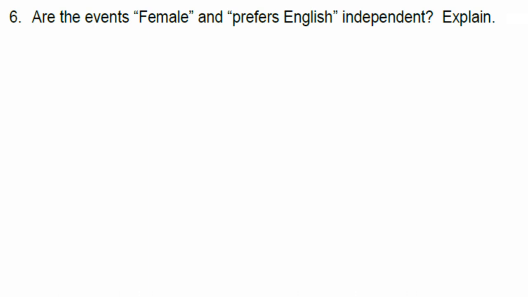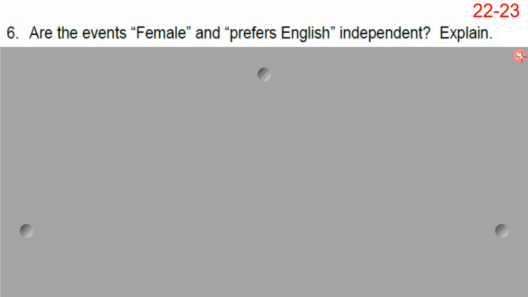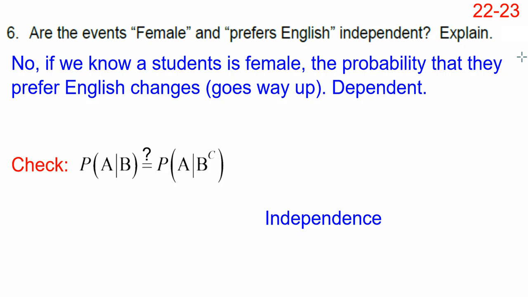We also can look at just those that prefer English in general compared to that one given category being female. And so if we think about that, we're kind of seeing does one influence the other. For our purposes, there were 8 out of the 10 females that preferred English. That was drastically changing our results versus knowing the total that preferred English, right? So it drastically increased it. So it is a dependent event.